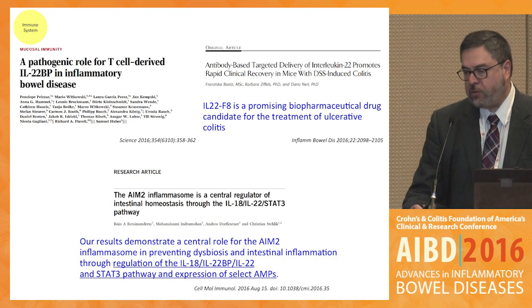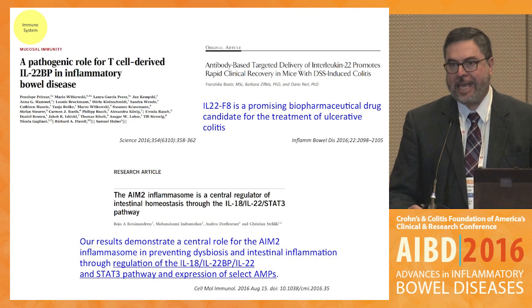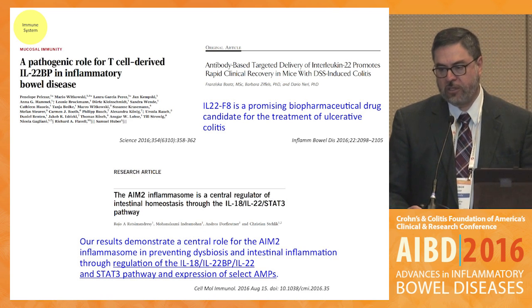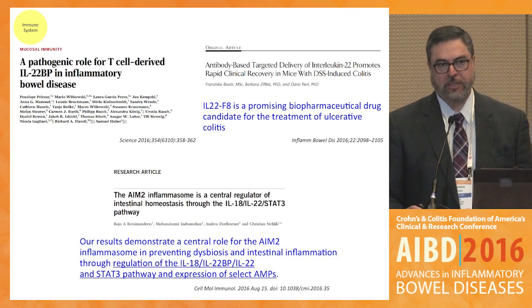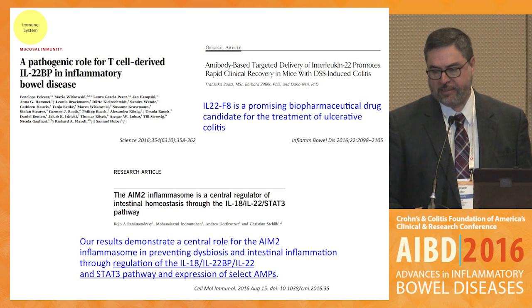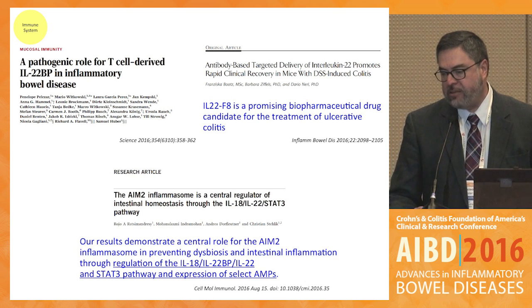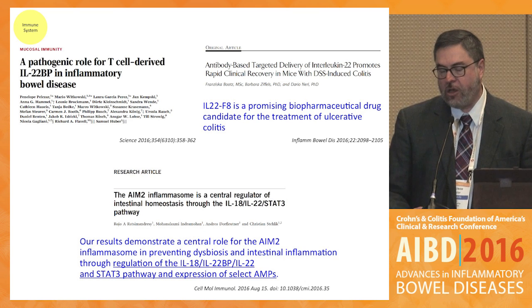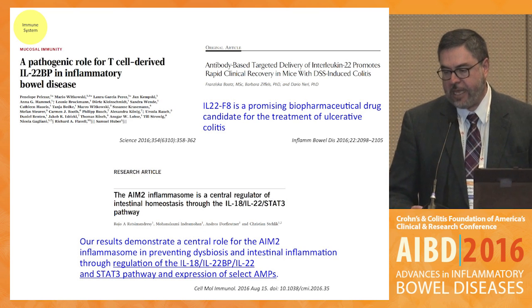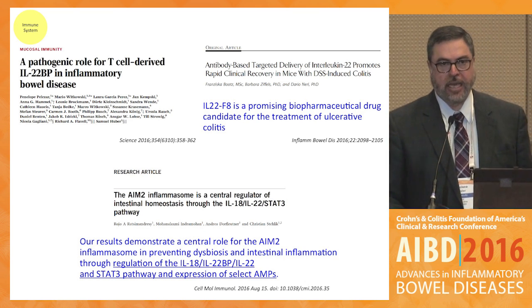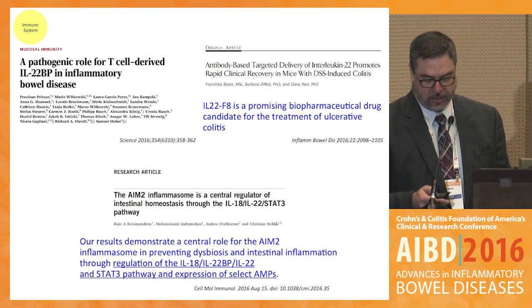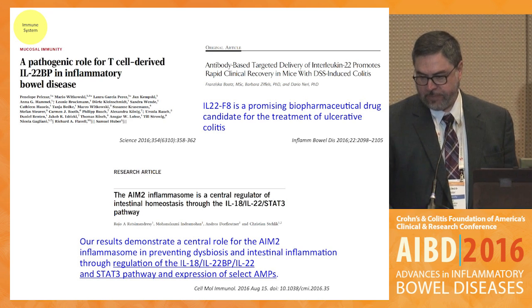There is a fusion protein that is now being developed as a candidate for treatment of ulcerative colitis that binds IL-22 to another molecule to prolong its half-life. And there's also data on the inflammasome and the generation of IL-18 and IL-22 as therapeutic targets for the disease.